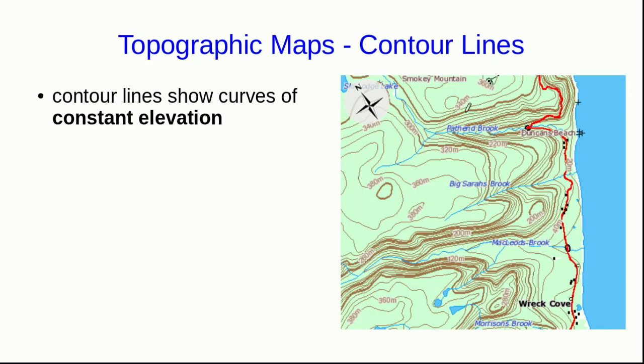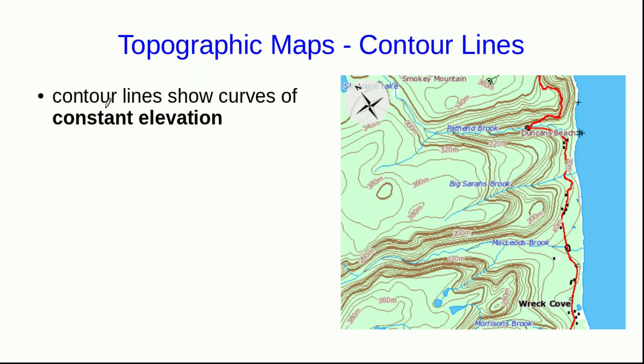Let's think for a moment about contour lines on topographic maps. The reason to think about contour lines is that if you don't already have an intuition about them, it's relatively easy to develop one. And any intuition that you have about contour lines can be carried over to equipotential lines because they work in basically the same way.